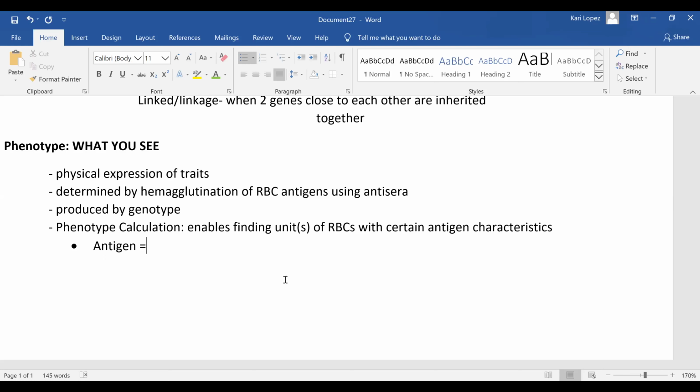So the whole point of your phenotype calculation, let's say you need 1 unit of blood for someone with a certain amount of antibodies already in their system. When you go get this, you need to know whether you need to grab 3 different choices of a certain blood type or 20, so that you can sit down and test them all in one sitting.